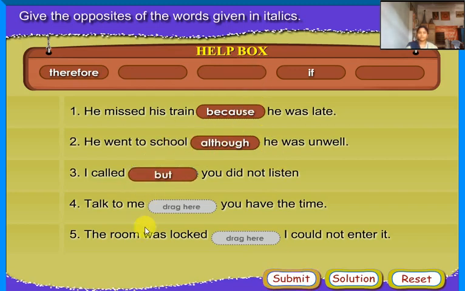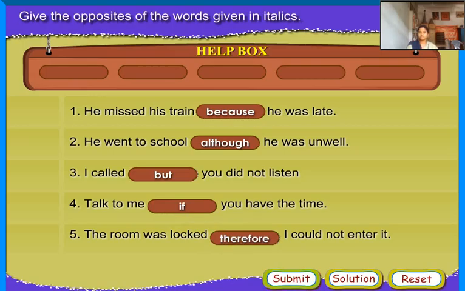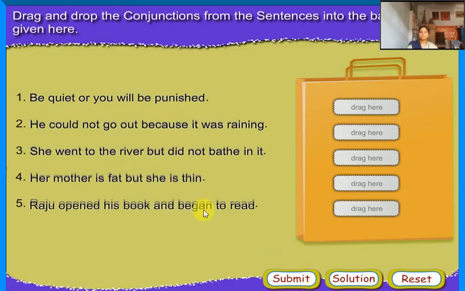But talk to me, dash you have the time. If the room was locked, dash I could not enter it. Therefore, drag and drop the conjunctions from the sentence into the bag given here.